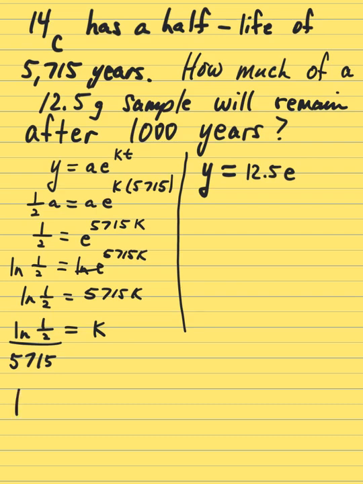If you prefer the decimal form, that's fine, but hang on to several decimal places, so we have negative 0.000121.